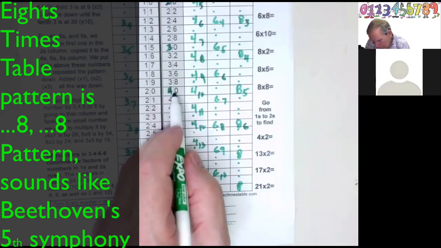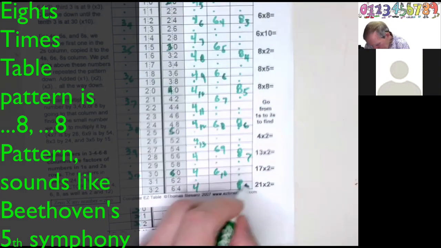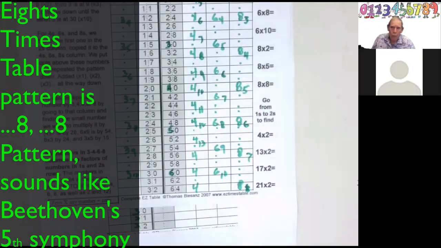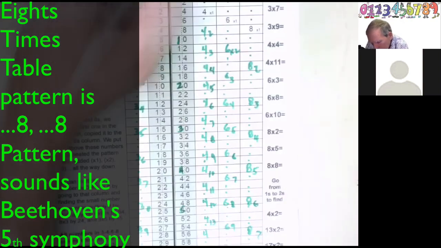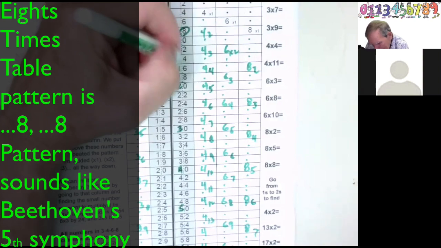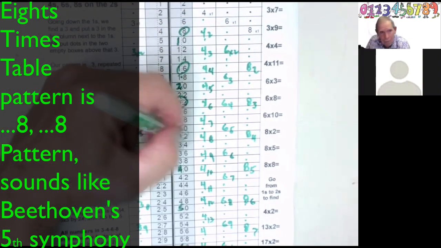Cool. 6 8s are 48. 7 8s are 56. 8 8s are 64. And they can count down every 4th 2 and circle them. So you can do that.